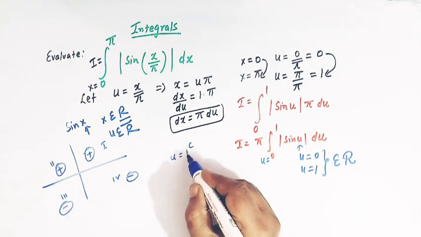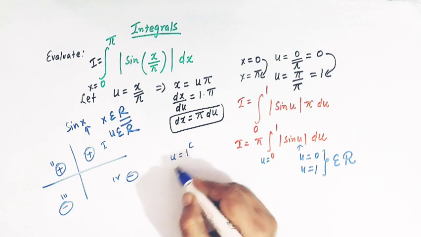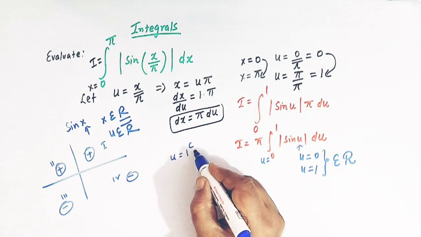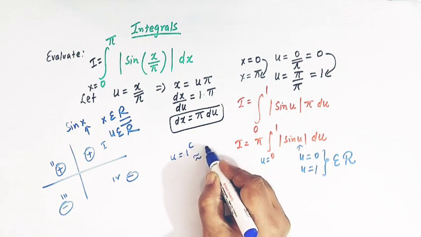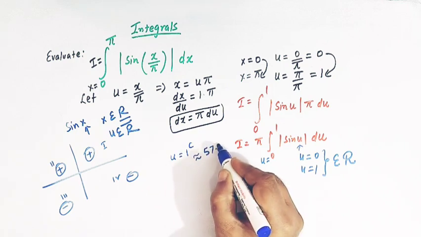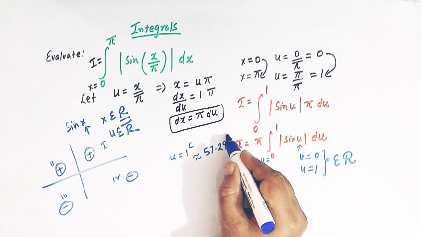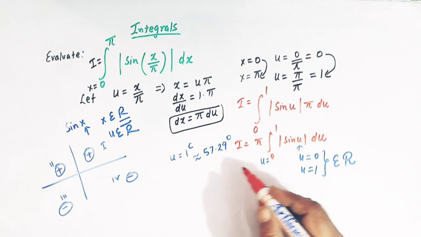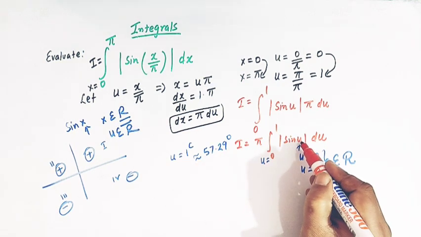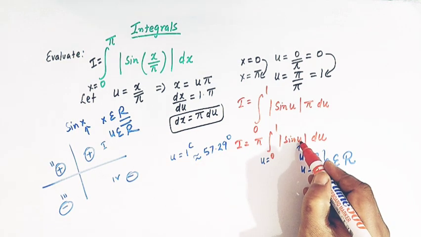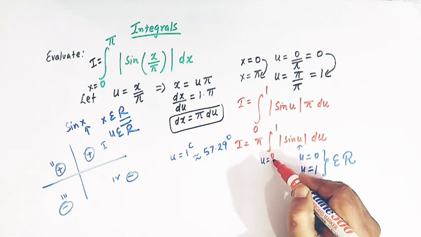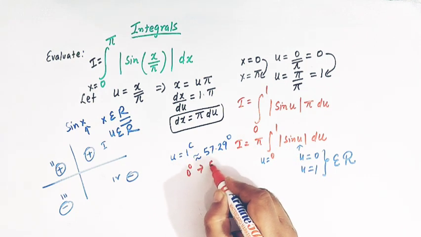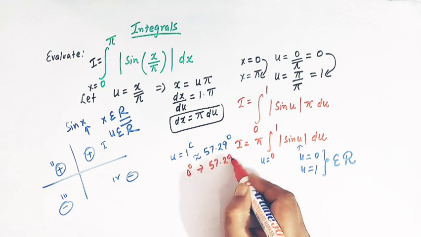And we know that 1 radian is equivalent to around 57.29 degrees. So it implies that the value of u, that is this angle, varies from 0 degrees to 57.29 degrees.